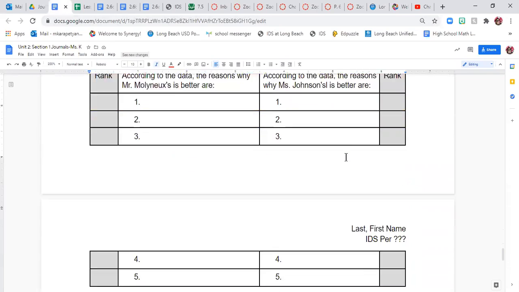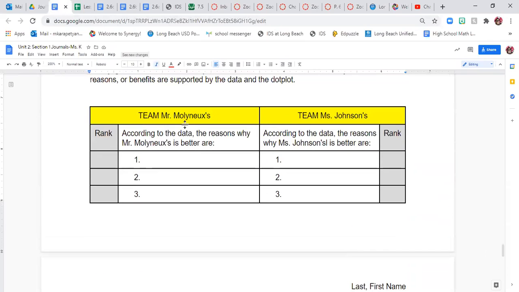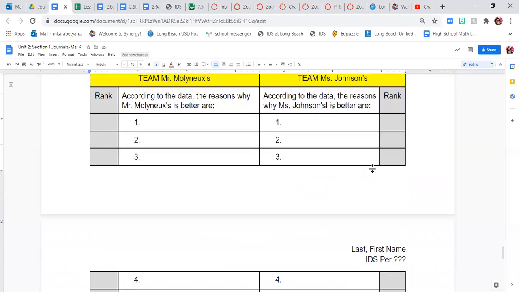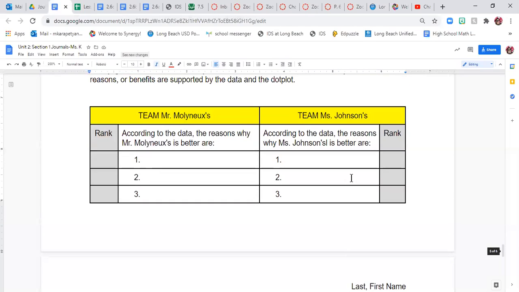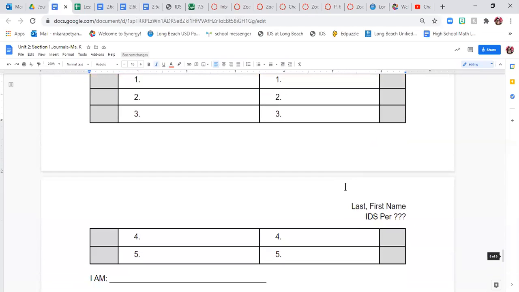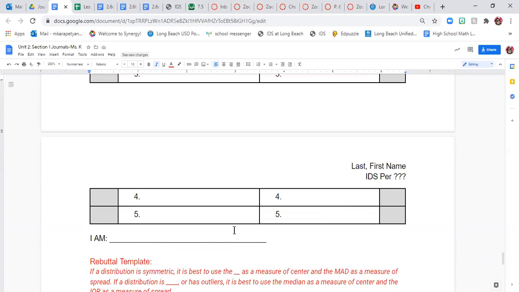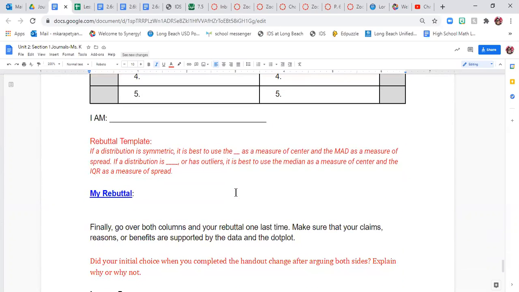You have 2 columns here, one for why Mr. Molyneux's test is easier, one for why Miss Johnson's test is easier. You're gonna write your reasons for each one. Then you're gonna tell me which team you agree with, team Mr. Molyneux or team Miss Johnson, for the easier test. And then you're gonna write your rebuttal.